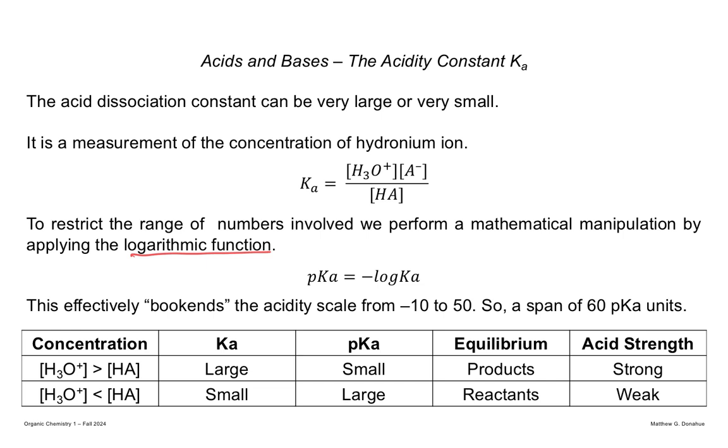In chemistry, it's abbreviated P. So you apply this P to both sides. So pKa is equal to the negative log of that Ka value. So this negative log, that's what that P means.